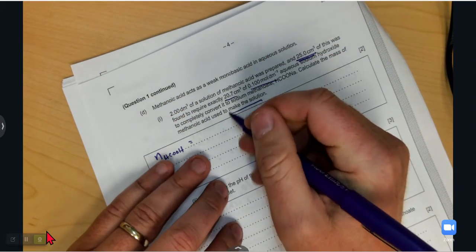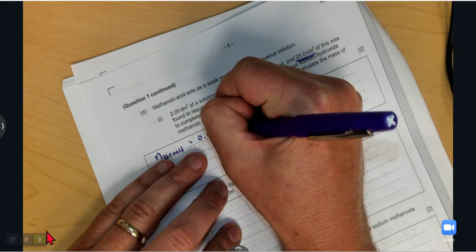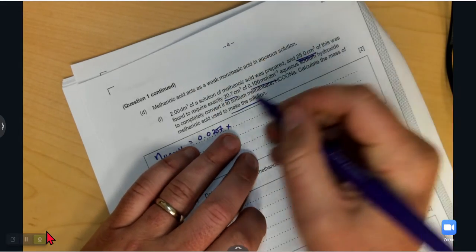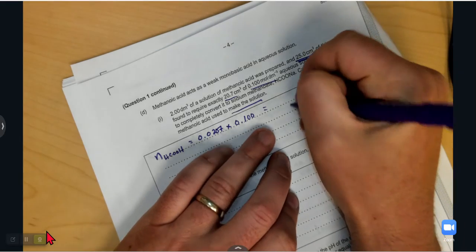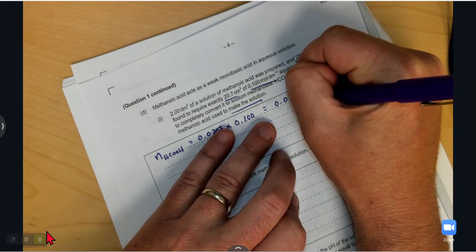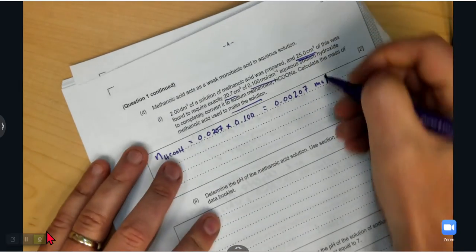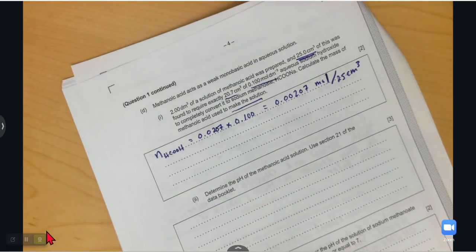It's just going to be the volume of the base, which is in cubic decimeters, 0.0207, times the concentration, which is 0.100, which gives us 0.00207 moles, but that's moles for every 25 cubic centimeters.